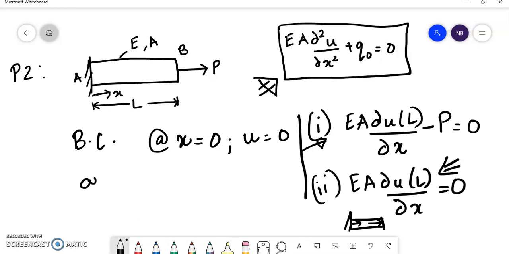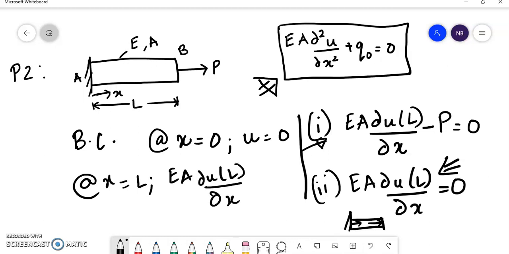So we have, at x equal to L, EA ∂u/∂x equals P.